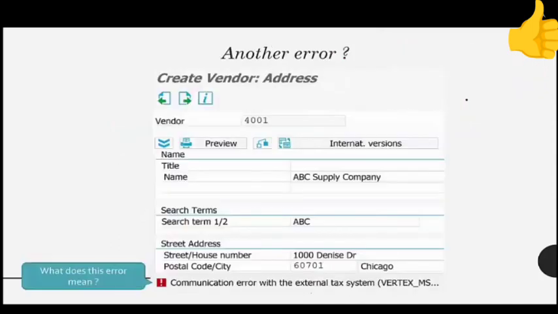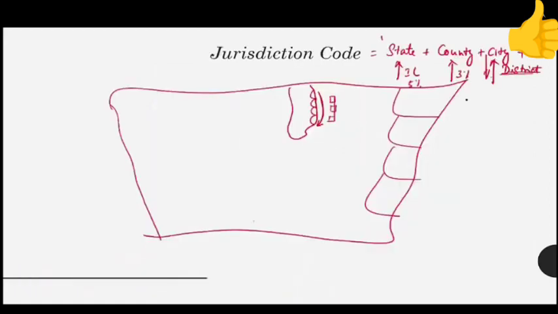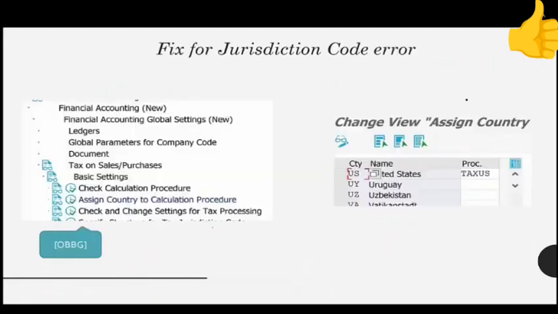And that's why you see an external tax system communication failed error. Now, we don't need to bother about jurisdiction codes in a test system, right? So what do you do? You go to SPRO or the transaction OBBG, and against US, change the tax procedure to TAXUS. So let's do it.